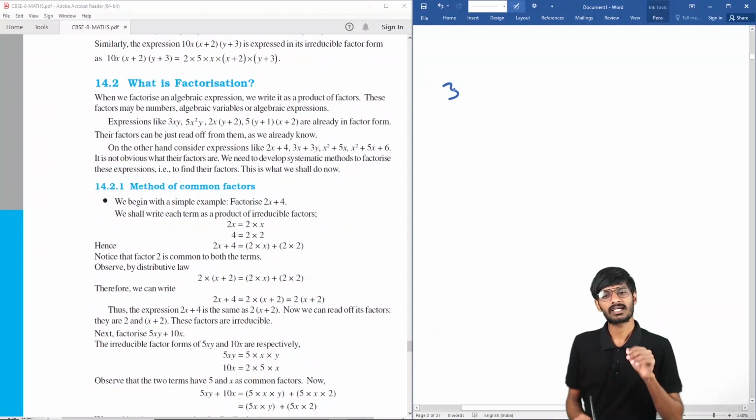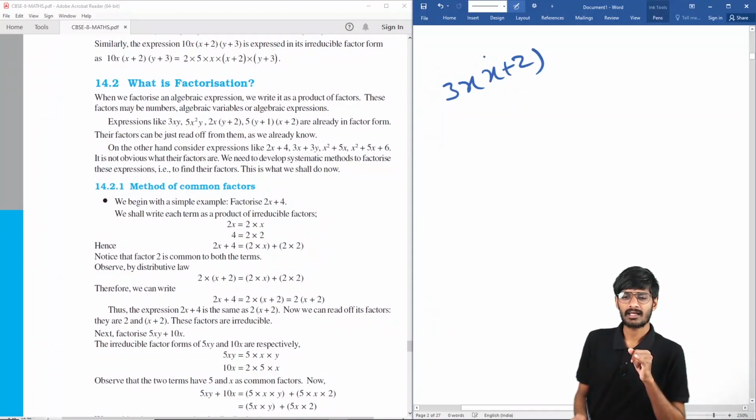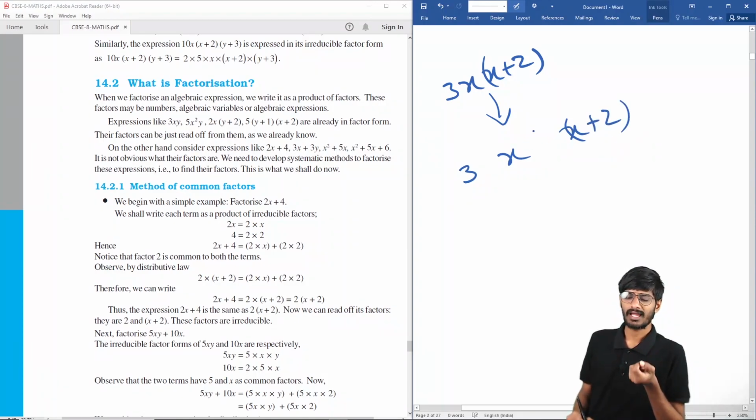In the case of 3x into x plus 2, it is an algebraic expression, maybe a term, and we are doing the factorization for it, which means we are writing it as the product of the factors. So 3, x and x plus 2 are the irreducible factors. We call this factorization, students.